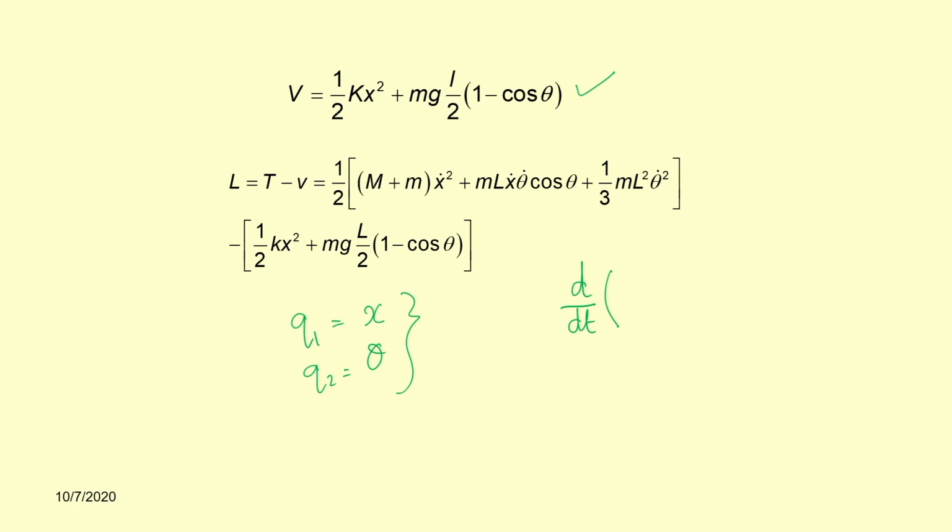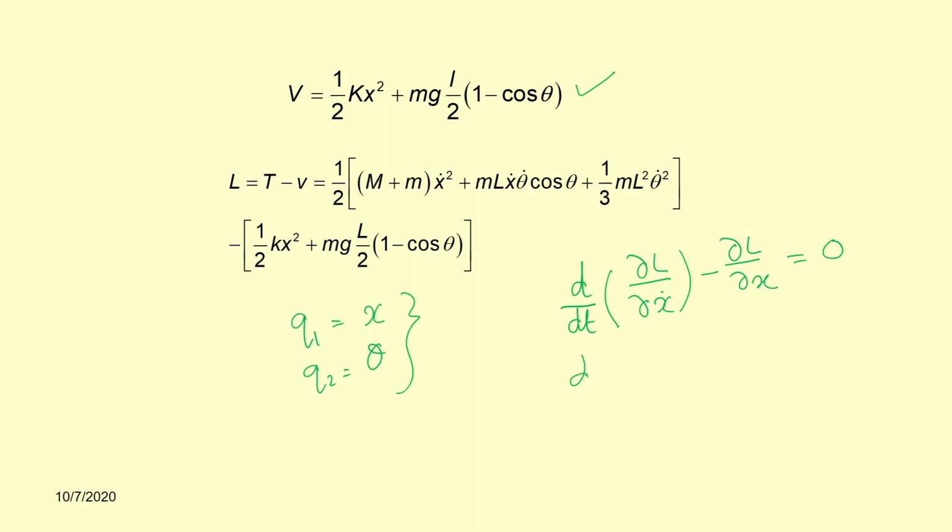So, two equations you can find. First, d by dt of del L by del q k dot, that is del x dot, minus del L by del x. If there is no force, this will be equal to 0. If some forces are acting, then it will be the generalized force capital Q1.